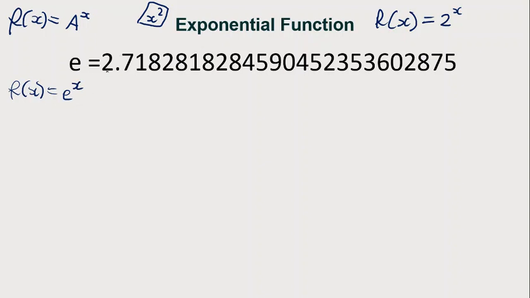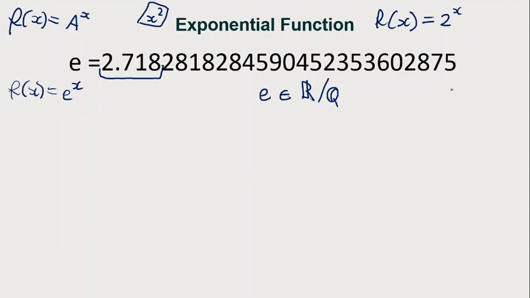That base is always 2.71 and so on. This is usually rounded to 3 decimal places, simplified to 2.718. e itself is an irrational number, so e is a member of the real but not the rational numbers.